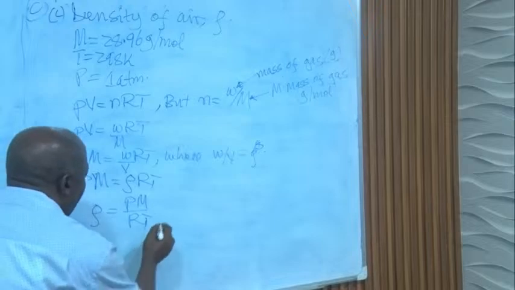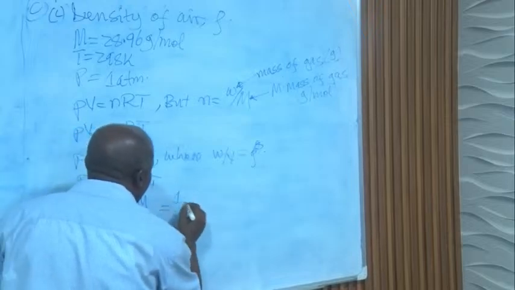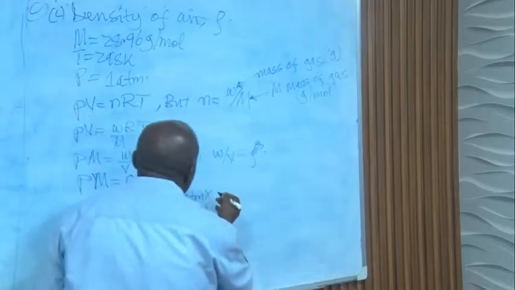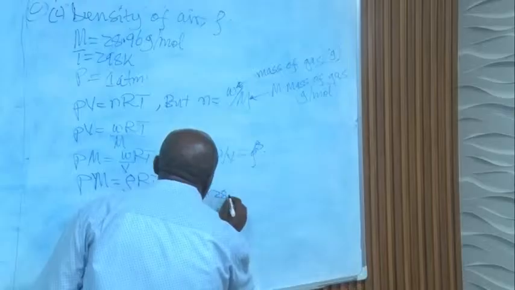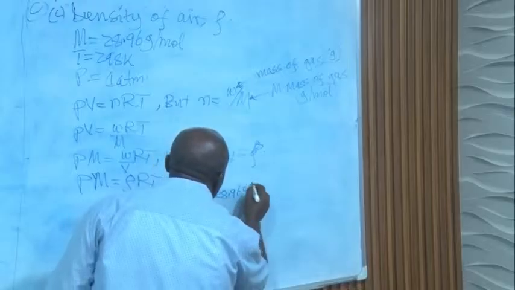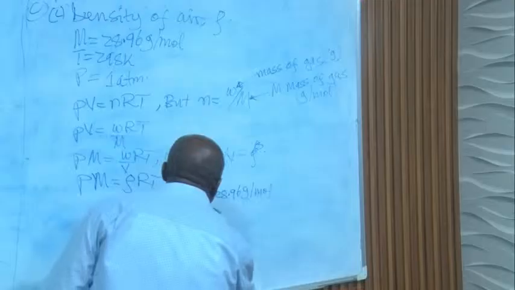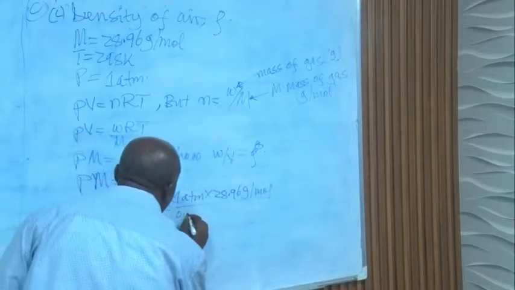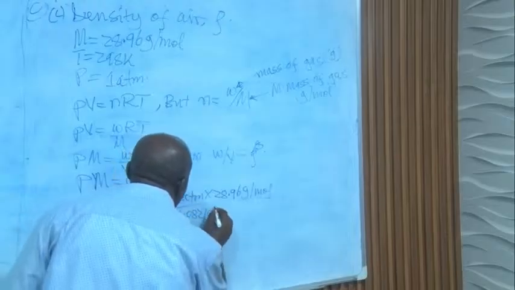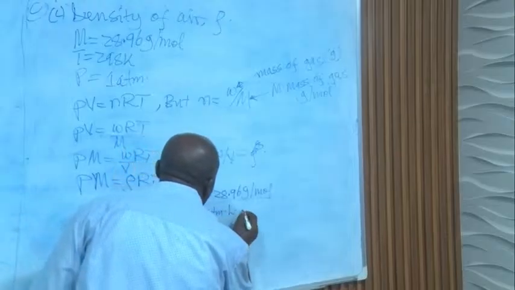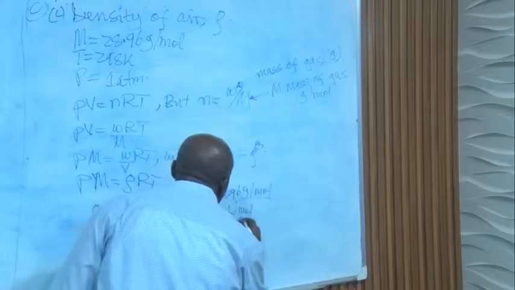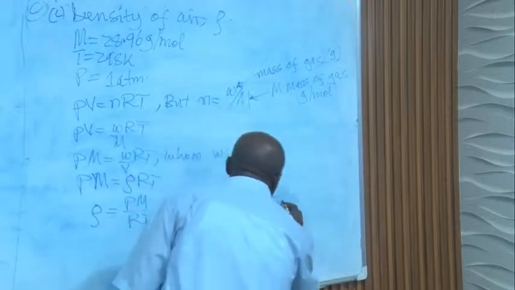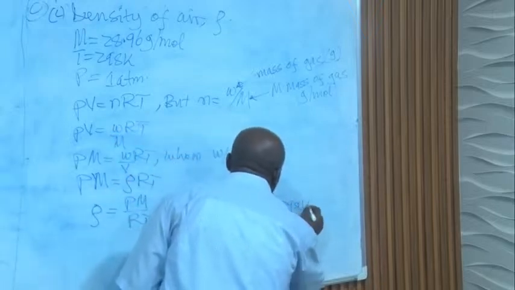Now, other values are given. Pressure is 1 atmosphere, times the molar mass of air, 28.96 grams per mole, divided by the molar gas constant, which is 0.0821 atmosphere liter per mole per Kelvin, times the temperature of 298 Kelvin.